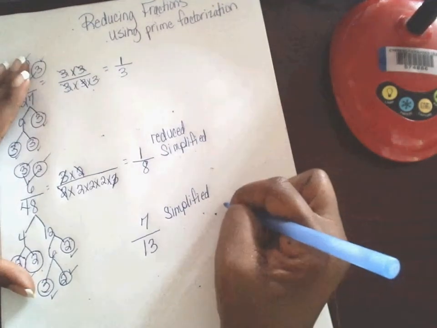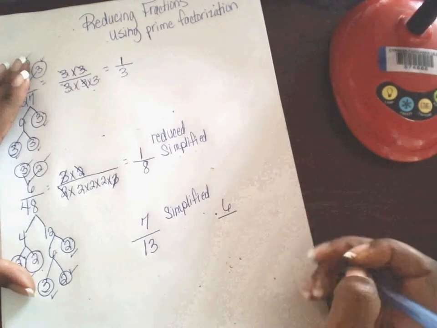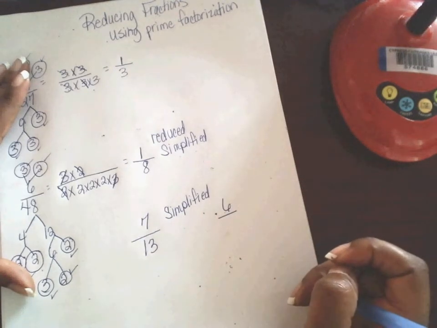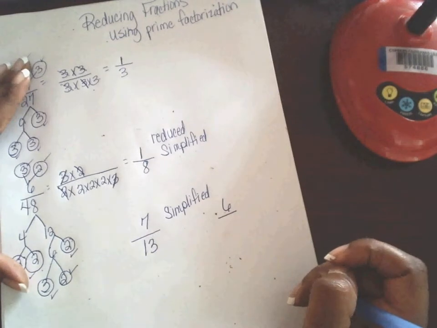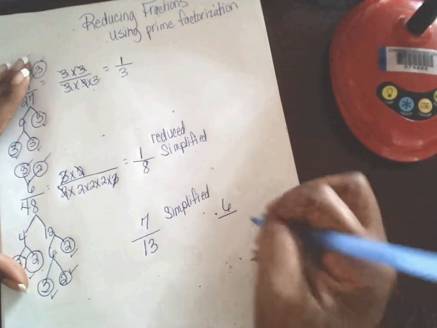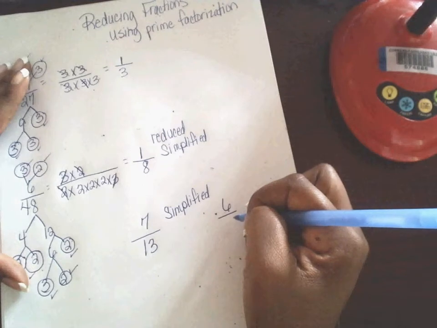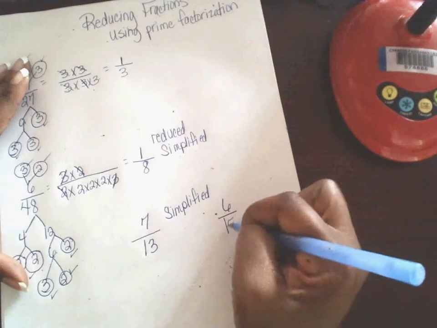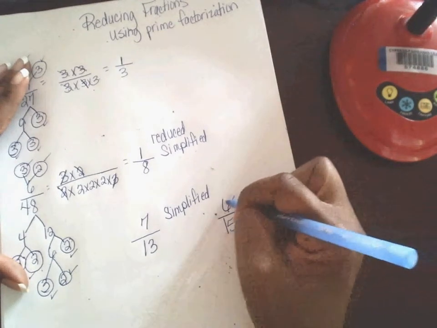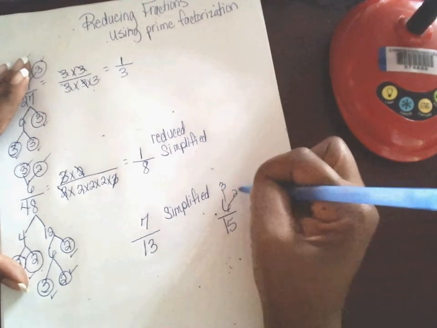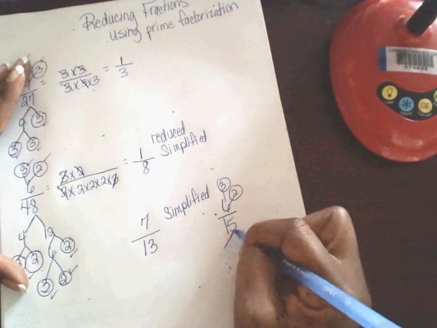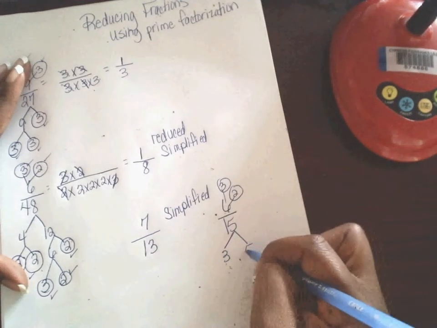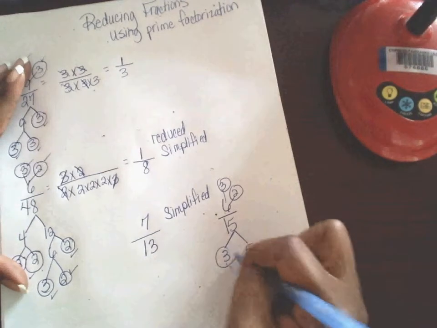Okay? And even if you had 6 and, let's see, what could we do with 6? 15, it has something in common with 15 because they both have a what in them? 3. They both have a 3 in them. Yeah. Let's try that. If we break 6 down, we have a 3 and a 2. And then if we break 15 down, we have a 3 and a 5.